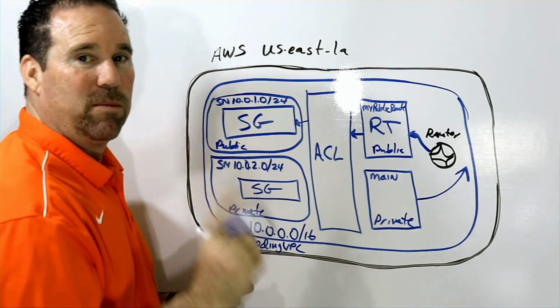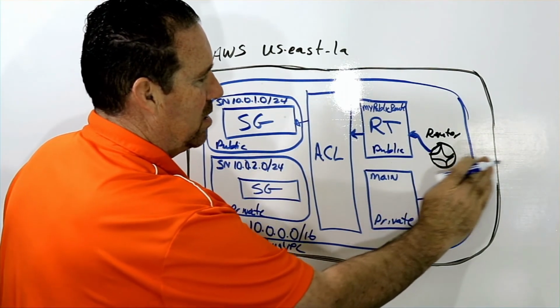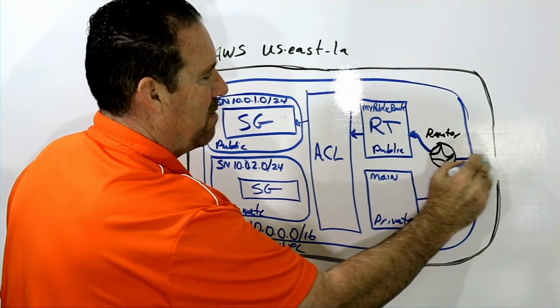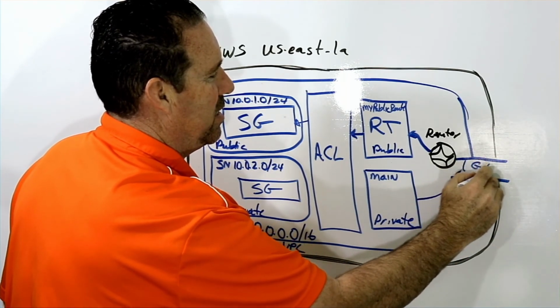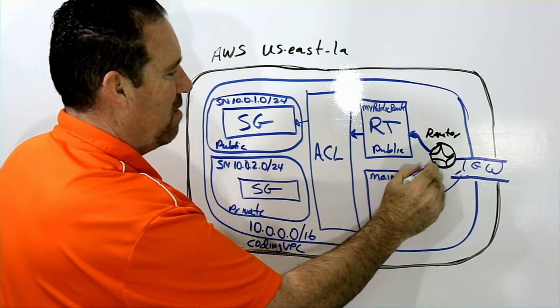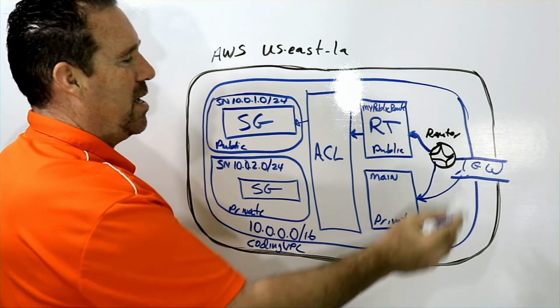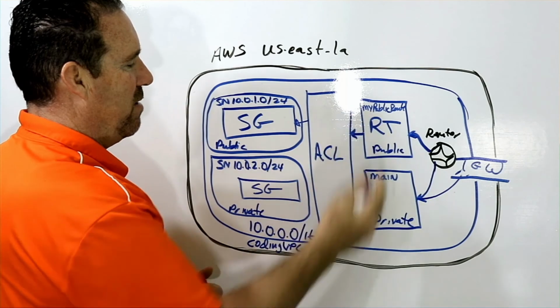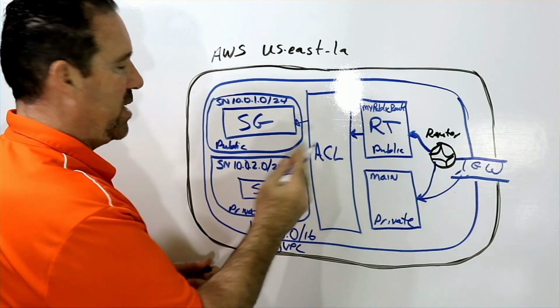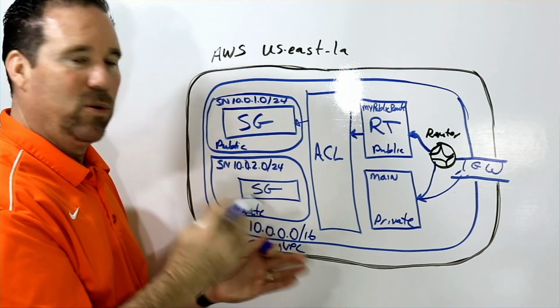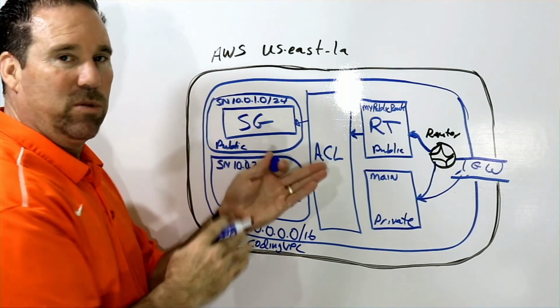We also did something else. We also created an internet gateway, an IGW. All right, so now here's what happens. Internet comes in, hits the router, finds out if it's a public or private request, comes through the ACL, makes sure it doesn't violate any rules, and then comes in, and we'll do a video on that one also.